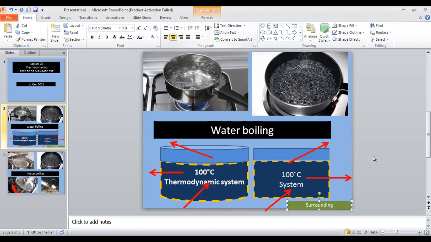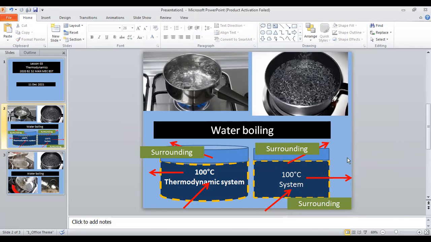Just for you to feel this. Good. Surrounding. Here also, I put surrounding. Everywhere outside the system is surrounding.